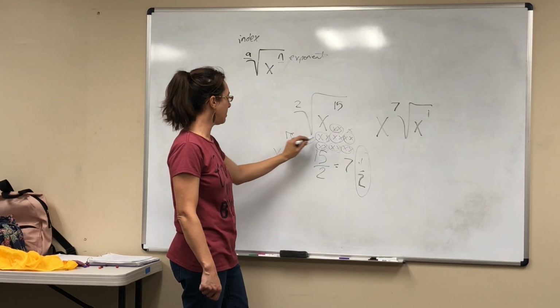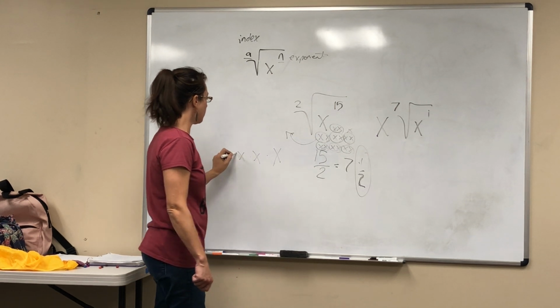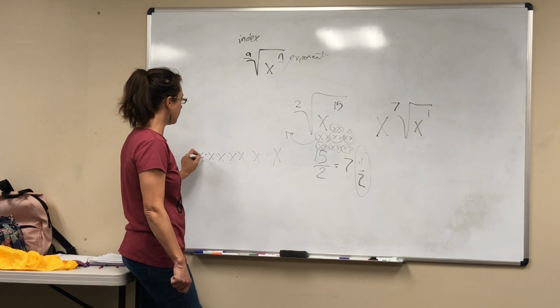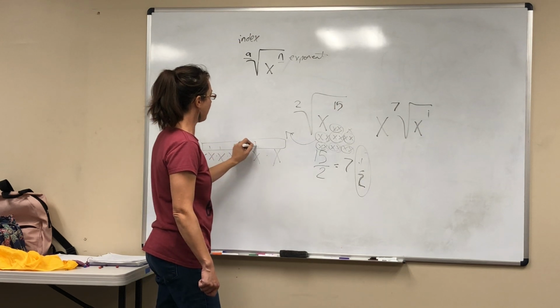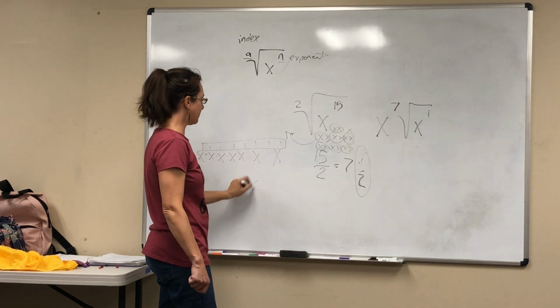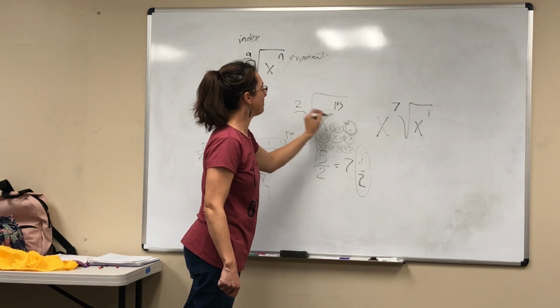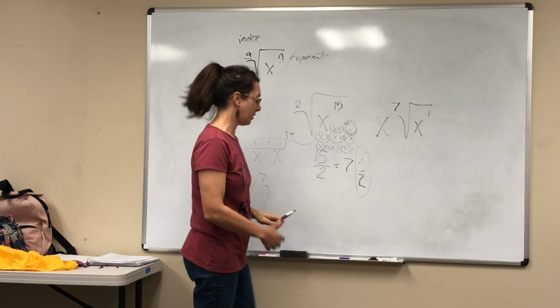So I have 7 x's. We are using our same exponent rule, adding up all of these. So I have x to the 7th, and then I had 1 left over, so x to the 7th with 1 left over underneath.